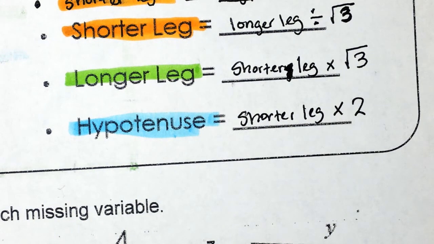This is why I say everything on this one goes through the shorter leg. No matter what you're trying to find, you're going to have to use the shorter leg at some points. Alright. This one is more so just doing practice and you'll get the flow of it.